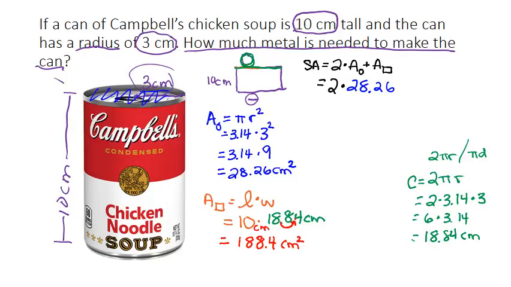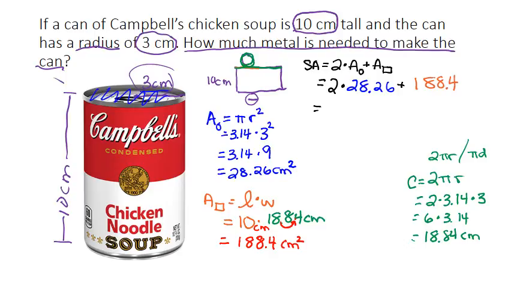Or if you think about it, this is centimeters times centimeters, and we know from using exponents that centimeters times centimeters would give us centimeters squared. So let's go back up to my formula. Now I can say plus the area of my rectangle, which is 188.4.